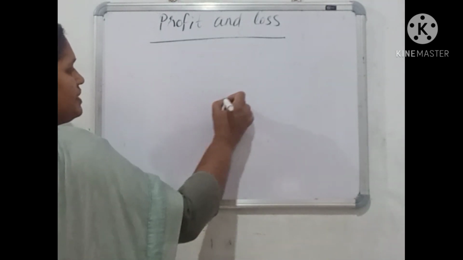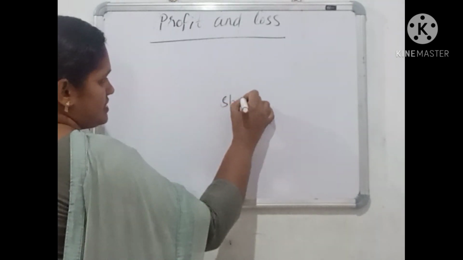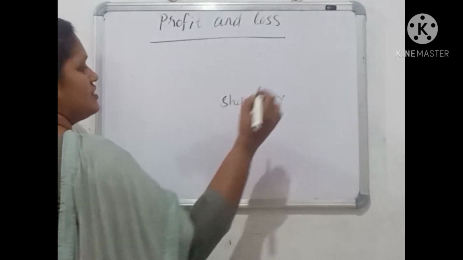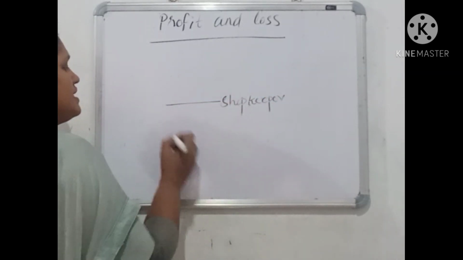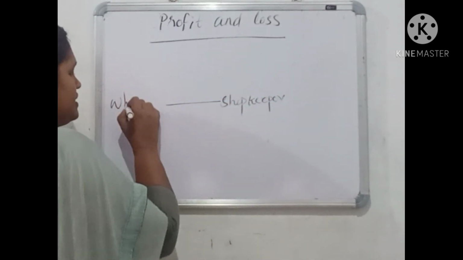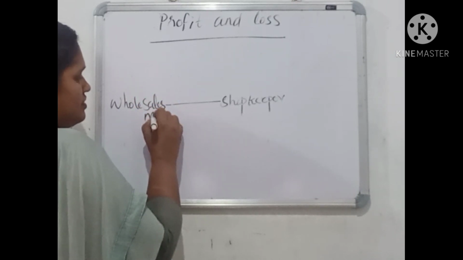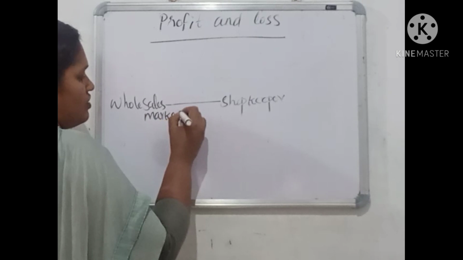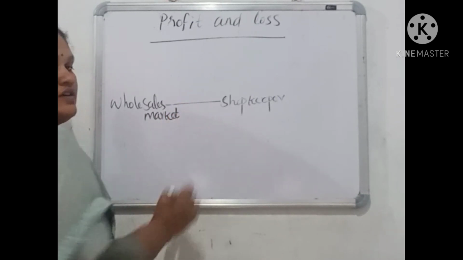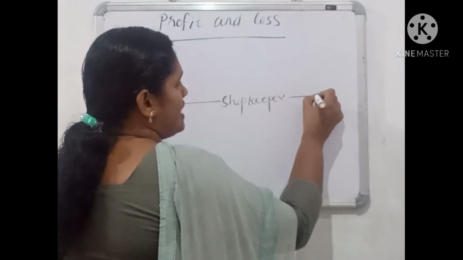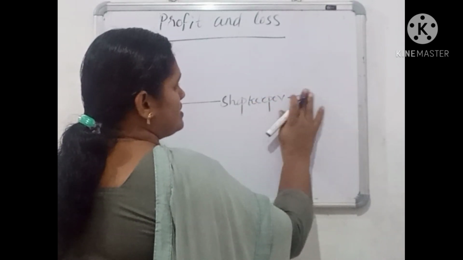The shopkeeper buys the things from the wholesale market. They cost less. And the shopkeeper sells it to us.